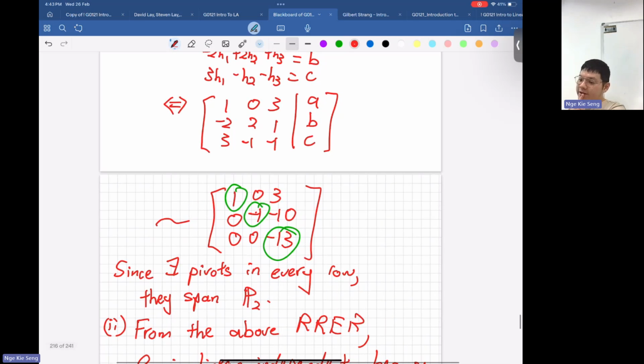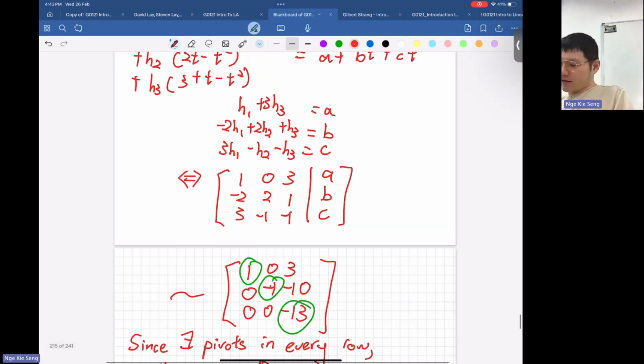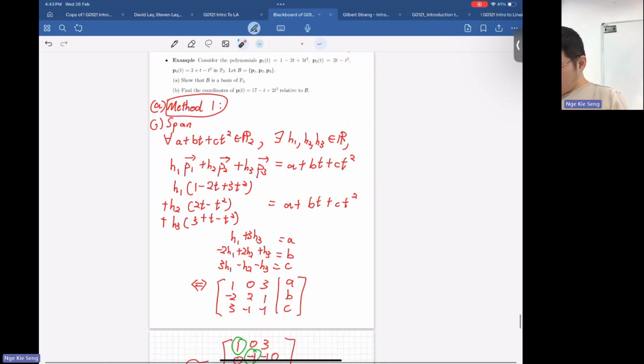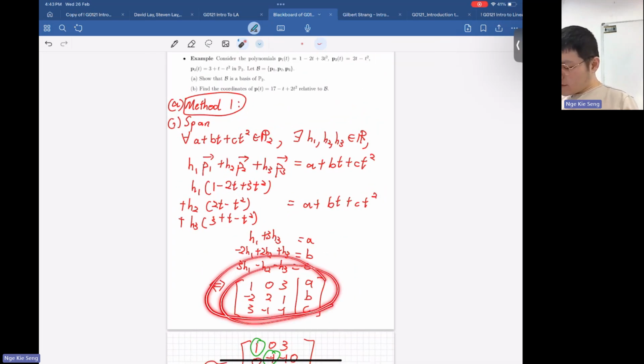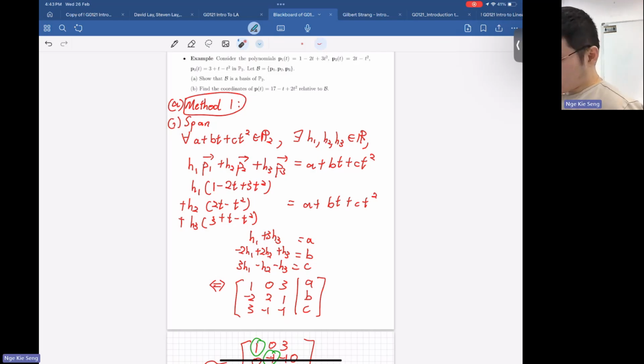So you see, can you notice something? Actually, how do we get this? Can we directly get this? Is there a direct way to get this matrix by looking at these three polynomials here?